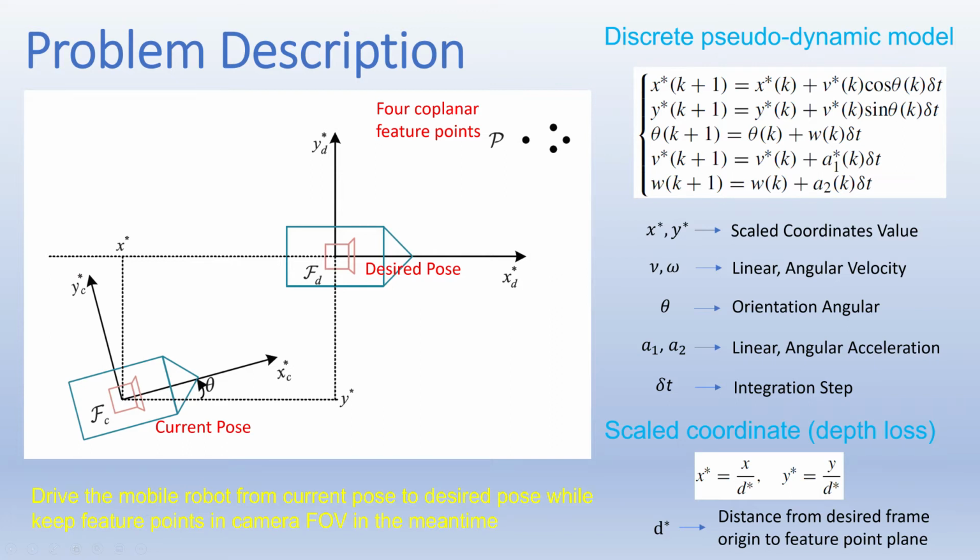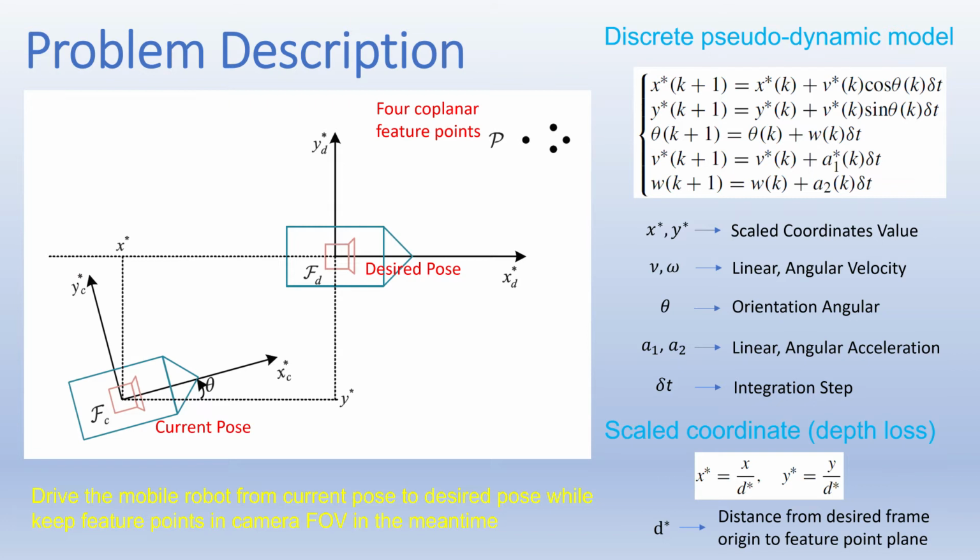And with some basic physics and math knowledge, you can easily get all the formulas. There is something to be noted: x star represents the scaled coordinate, because we lost the depth from the visual survey.